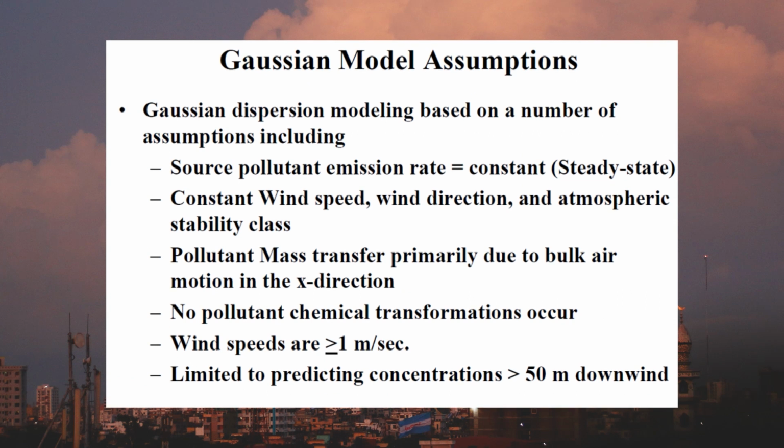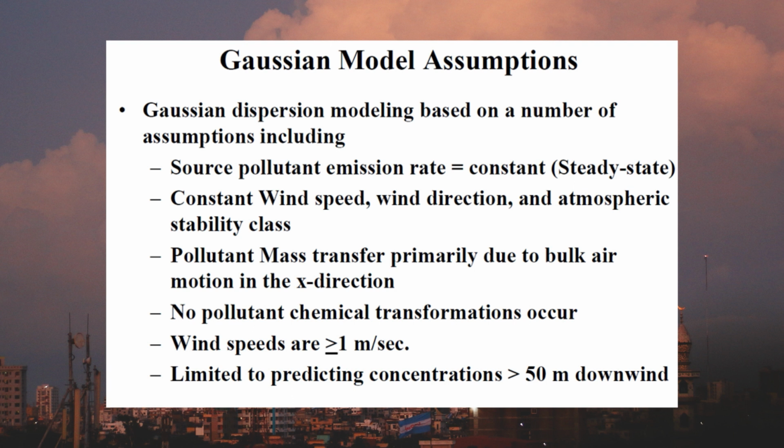But the Gaussian model does not take into account all this. It assumes that source pollutant emission rate is constant, steady state, constant wind speed, constant wind direction, and the atmospheric stability class is also taken as either one thing, that is stability class A or B. It is not that a plume experiences all these classes.